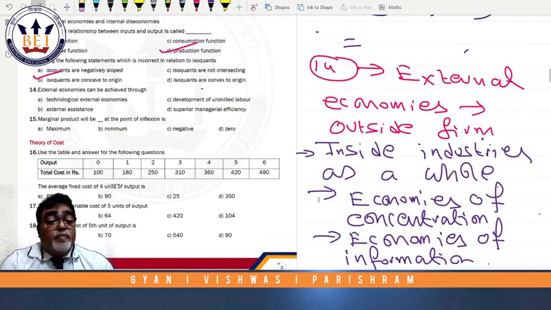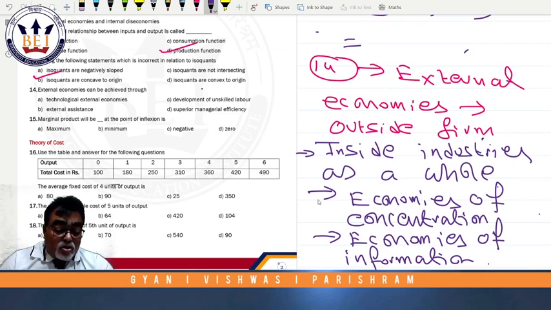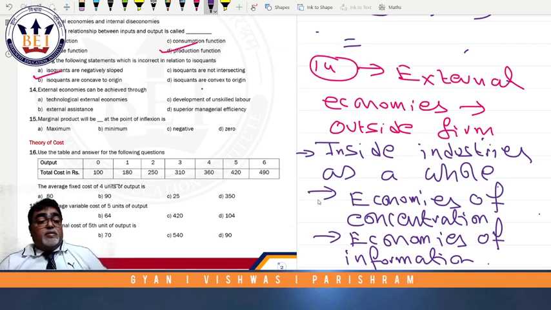So here external economies can be achieved through, what should be my option, chosen one by one? Technological external economies. Second, external assistance. Development of unskilled labor. Superior managerial efficiency.